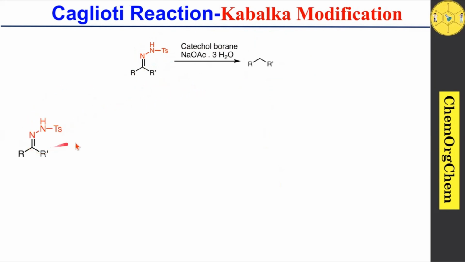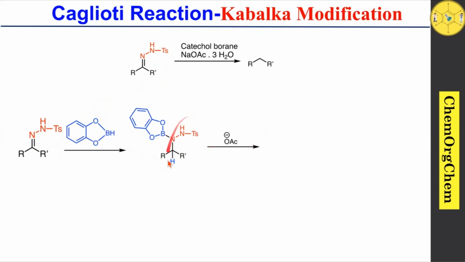Initially this tosyl hydrazone reacts with catechol borane. Here, initially a hydroboration reaction takes place to produce this corresponding intermediate. Now you see this hydrogen is transferred, and the boron unit is attached to the nitrogen atom. Now sodium acetate reacts with this intermediate.